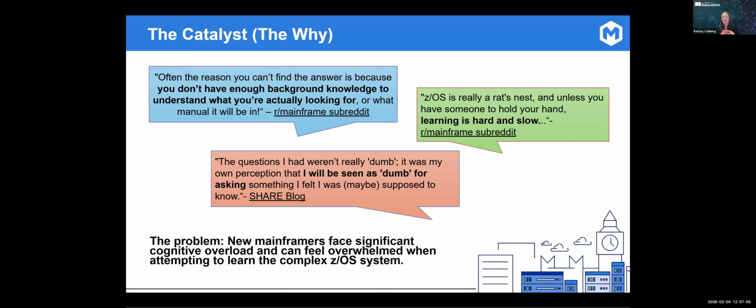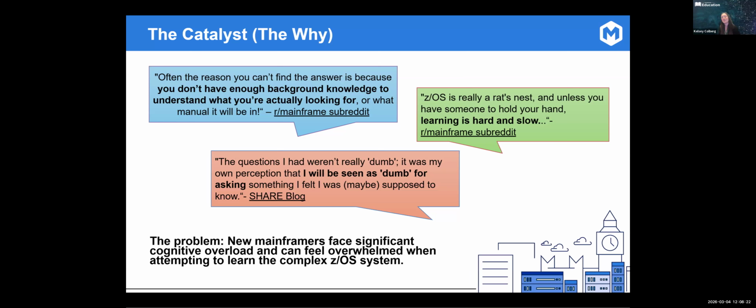Someone described it as a rat's nest. And unless you have someone to hold your hand, learning is hard and slow. The other really big thing we saw again and again is people were sometimes afraid of asking mentors and actual people questions, for fear that they might be seen as dumb, which is not the right attitude. We don't want people to have that thought process, but that's still something people felt.